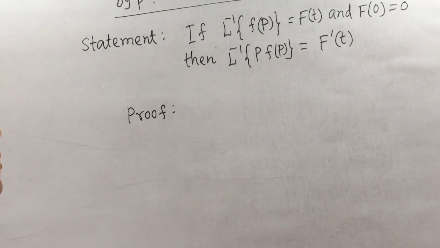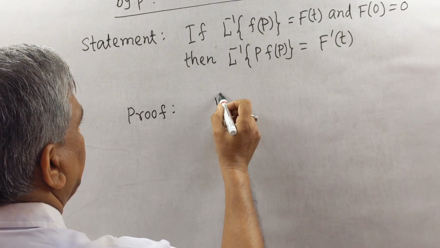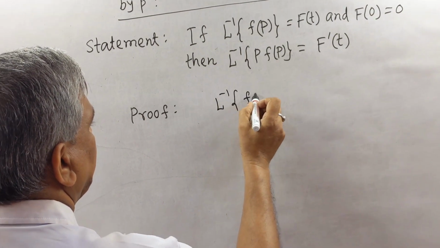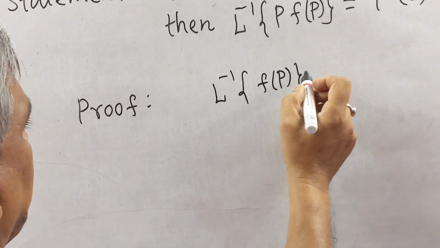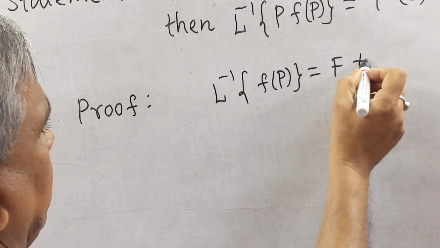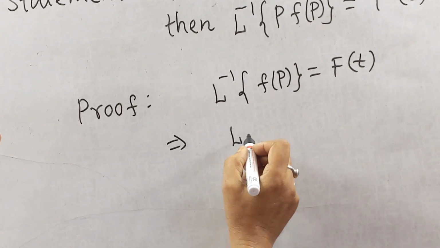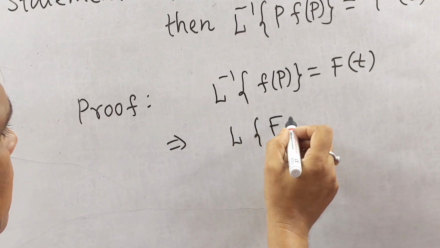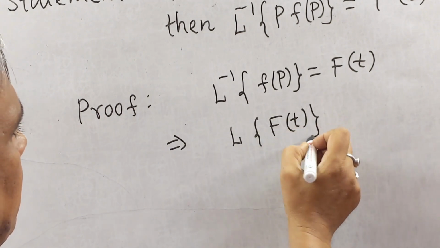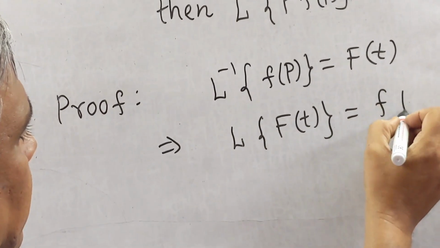Since given L inverse F(p) equals F(t), this implies L{F(t)} equals small f(p).